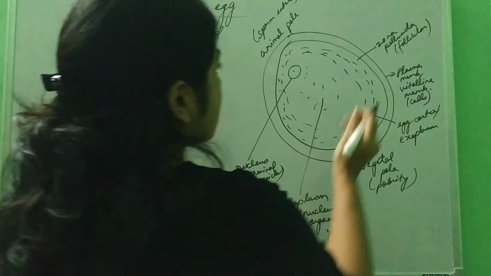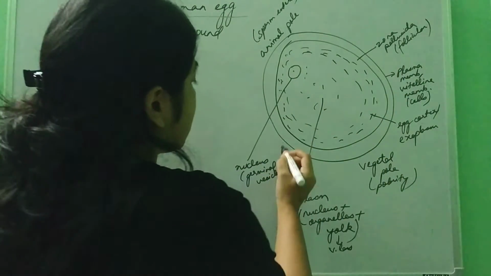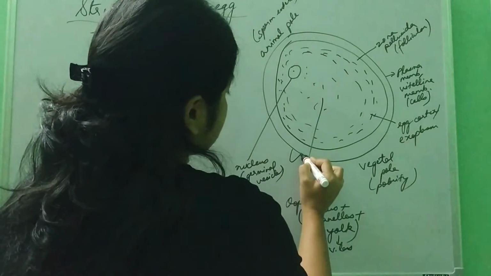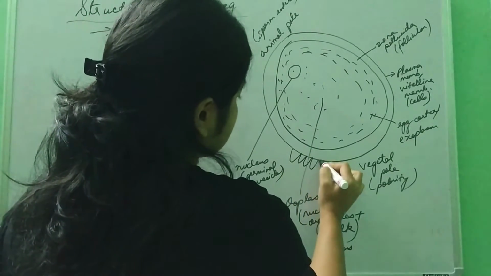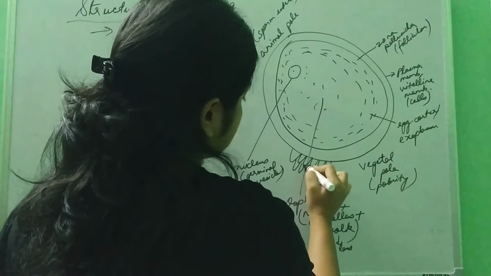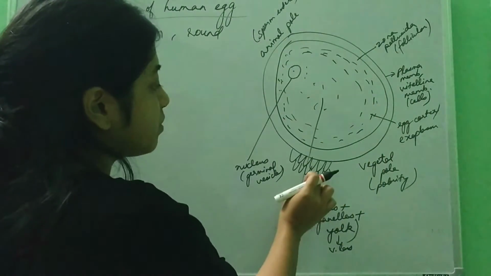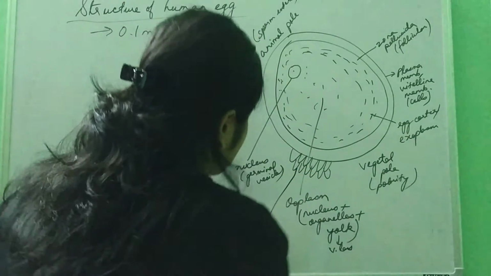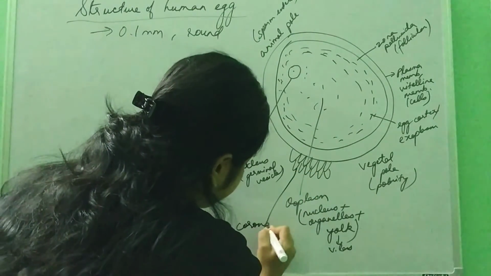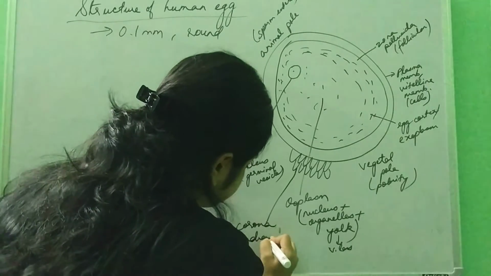Next, after the plasma membrane and zona pellucida, there will be another layer radiating like this throughout the egg. This is known as the corona radiata.